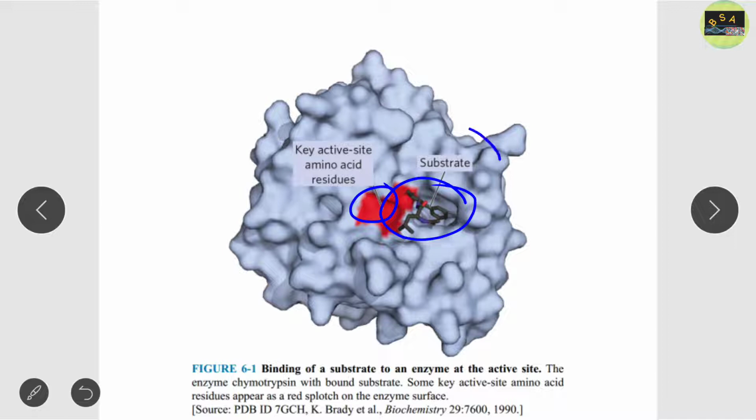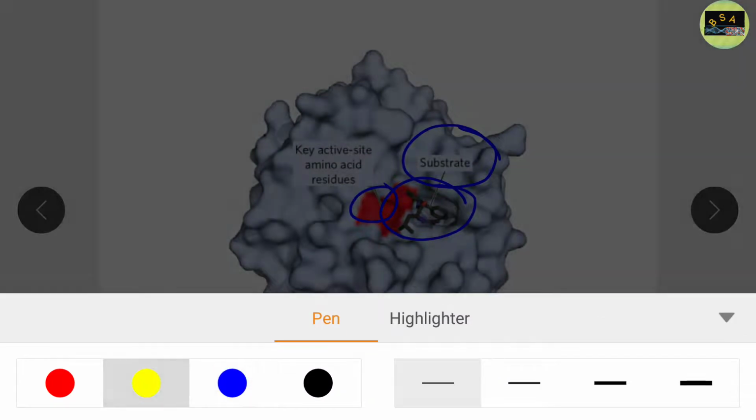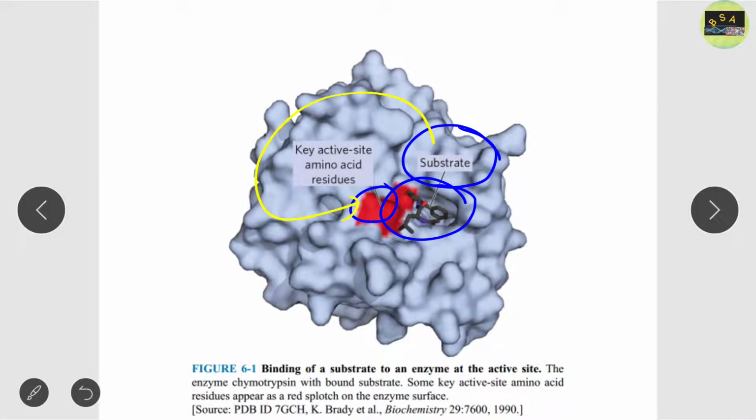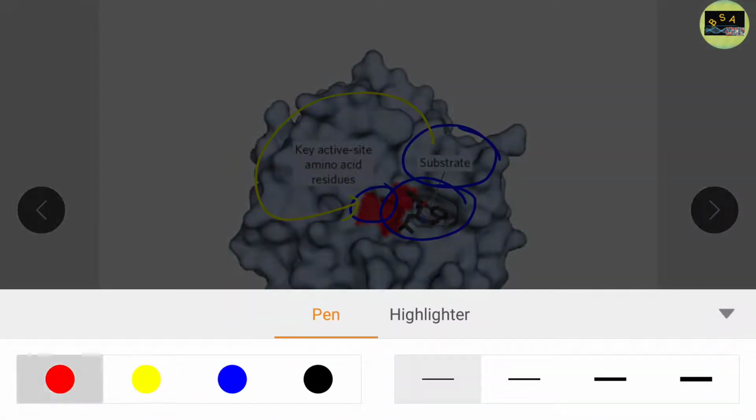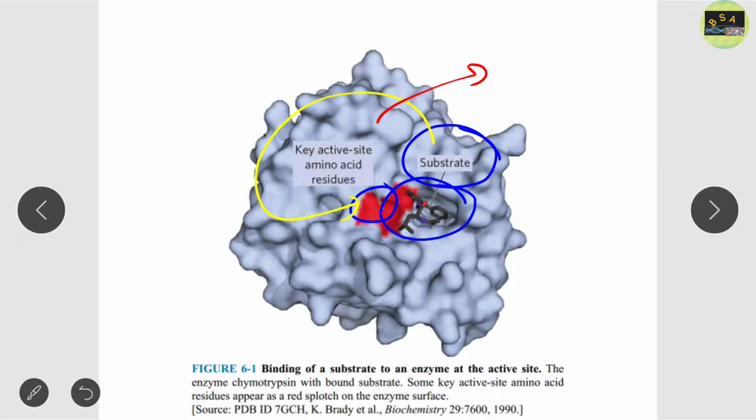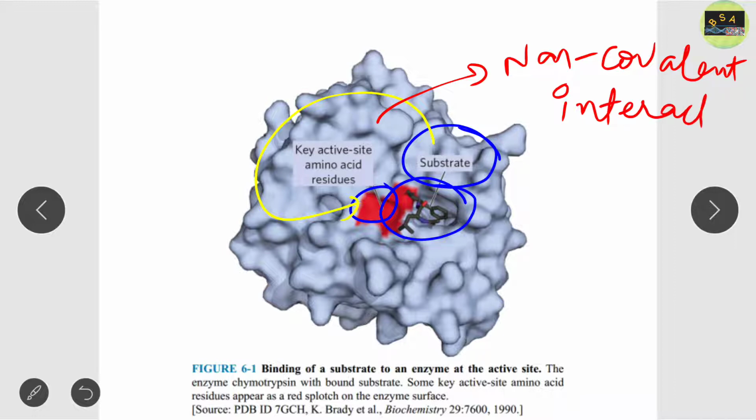This substrate is going to bind to this active site of the enzyme by multiple weak non-covalent interactions. Remember this: non-covalent interactions. So basically the substrate binds to the active site of the enzyme through non-covalent interactions.